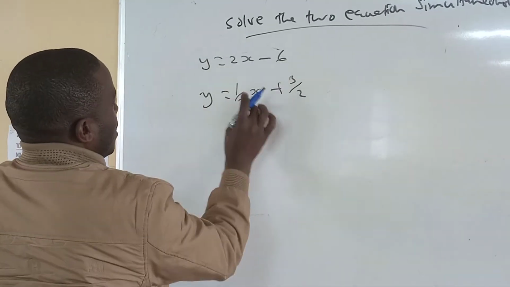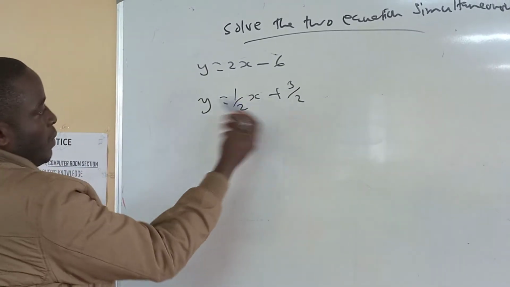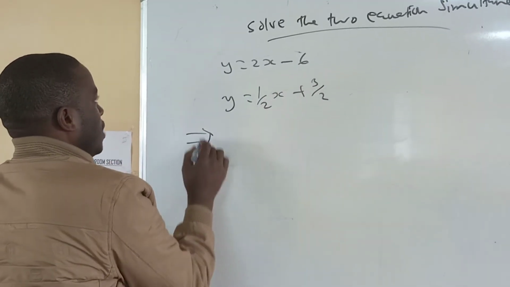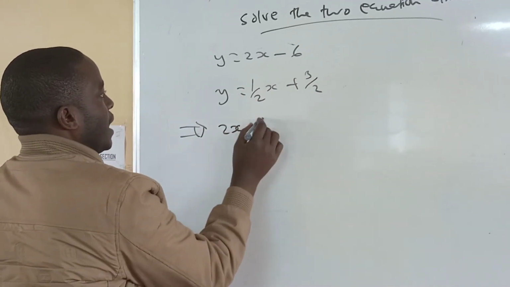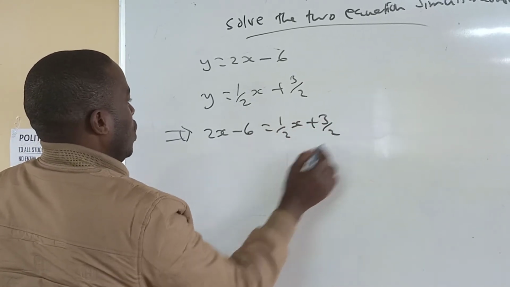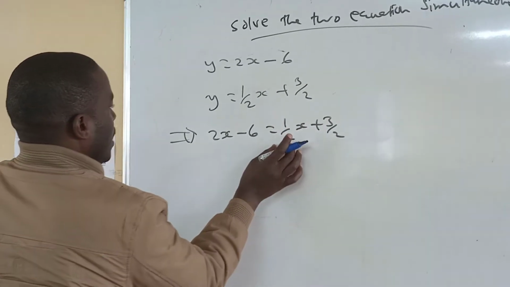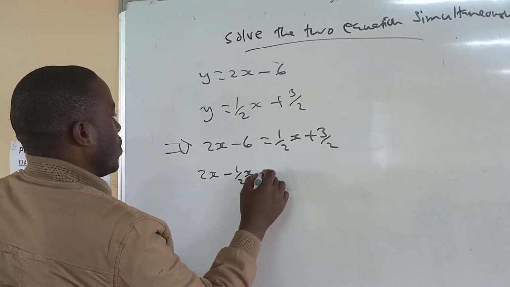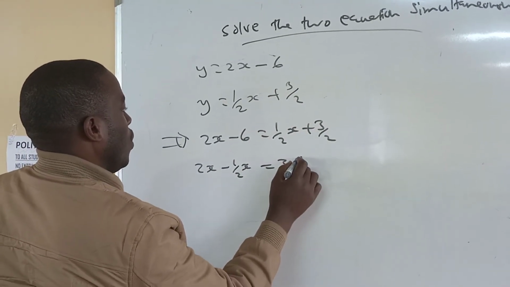So that means these two are equal, because y equals this, we substitute. By the substitution method, 2x minus 6 equals a half x plus 3 over 2. So we have like terms together: 2x minus half x will be equal to 3 over 2 plus 6.